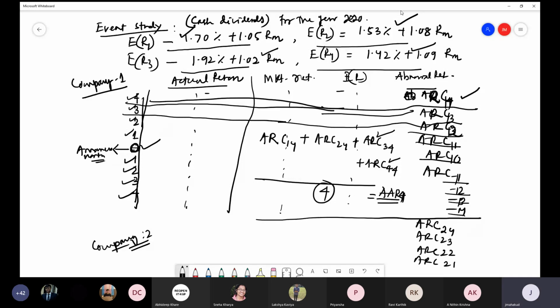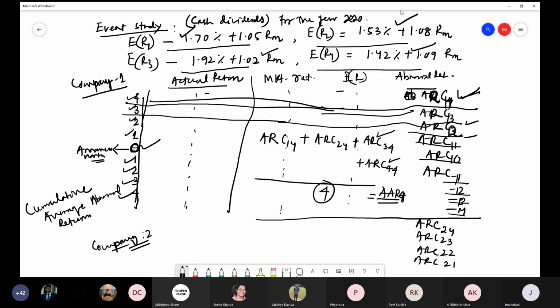Once this average abnormal return for each period is calculated, then you calculate the cumulative average abnormal returns, CAR.